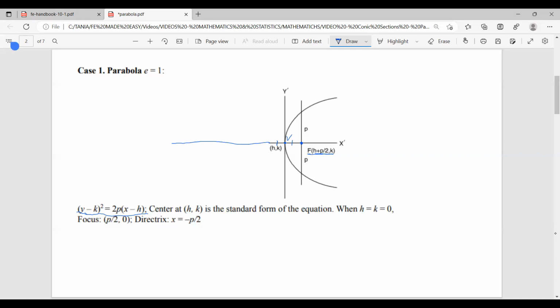So I will draw the directrix right here. Let me call it directrix.